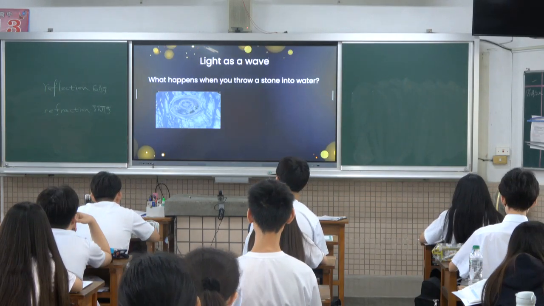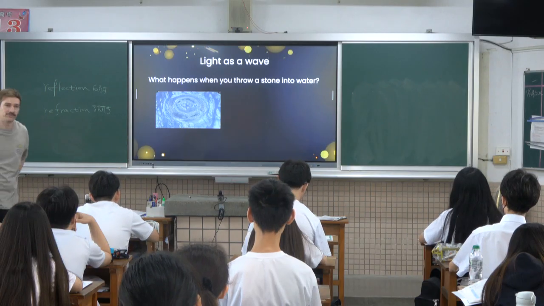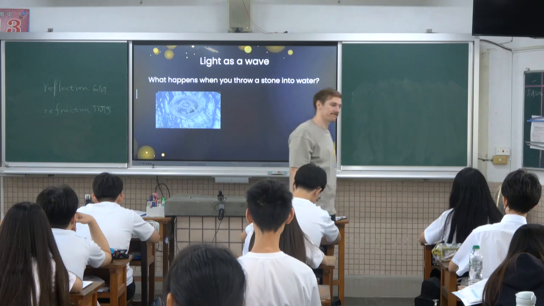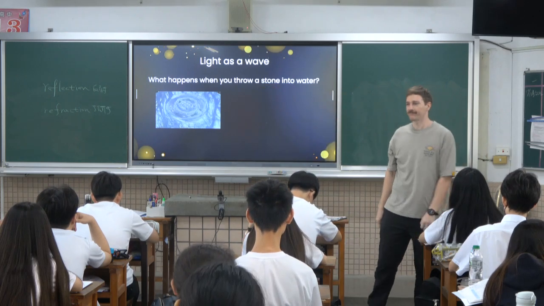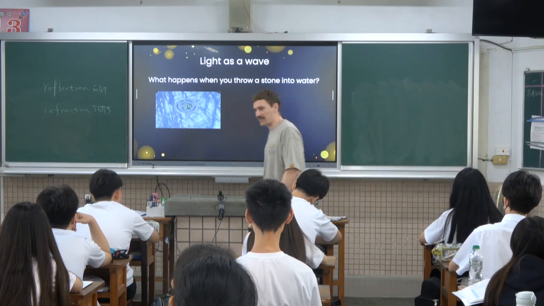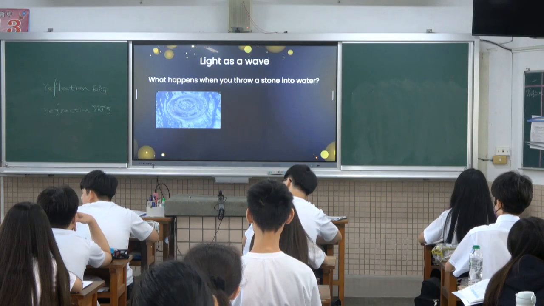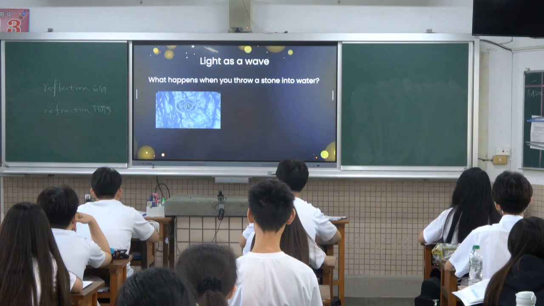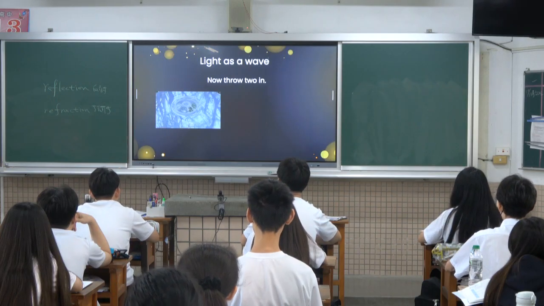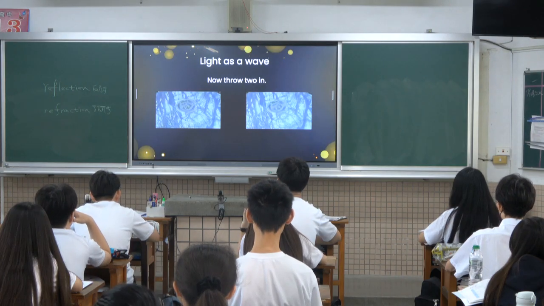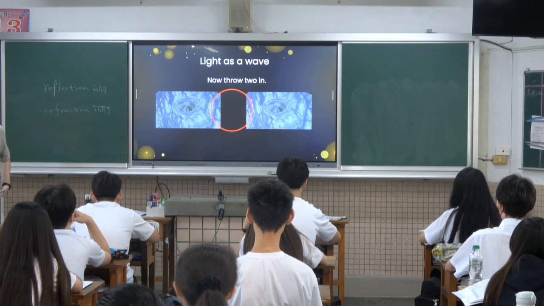So, what happens when you throw a stone into water? How would you explain this? What happens? So, it makes waves, right? Or little ripples. Now, you throw two in, you have two sets of waves and ripples. And what happens here?